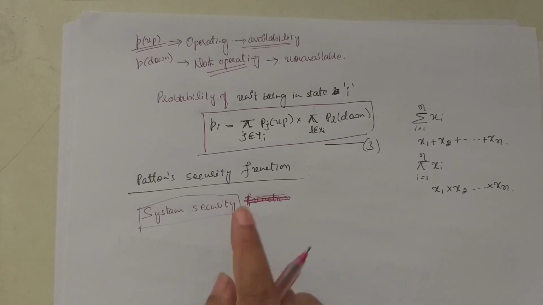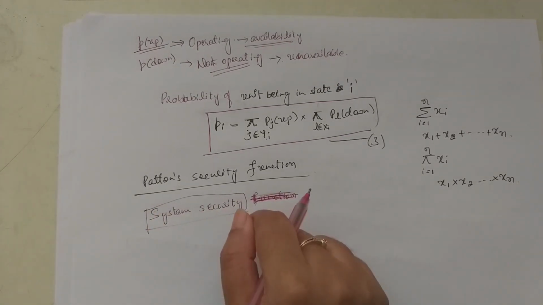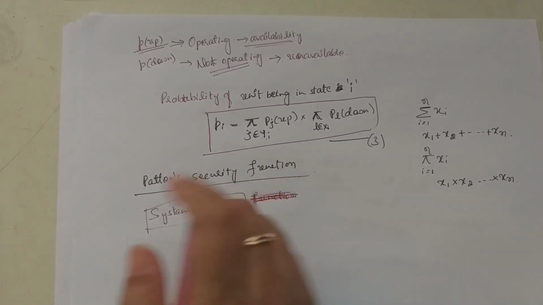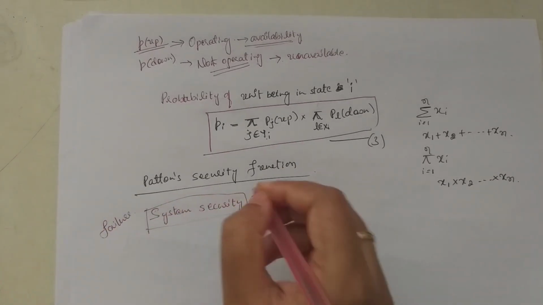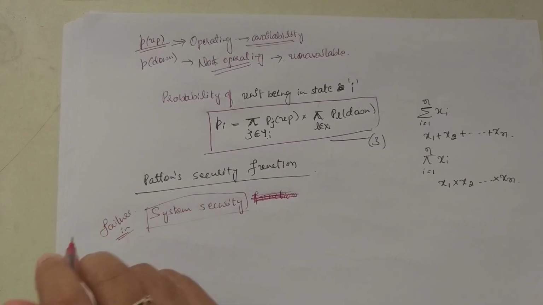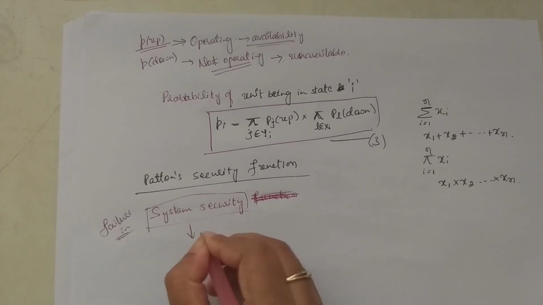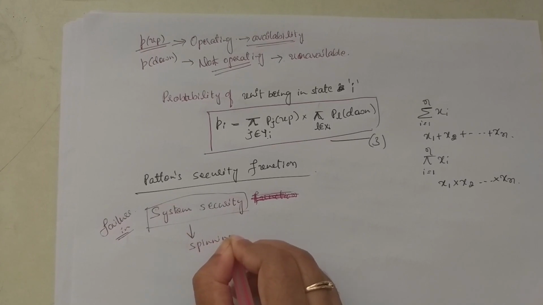If there is a failure in system security, then we need to be careful. Pattern security function decides the failure in the system security, or breach of the system security. By knowing this, the spinning reserve can be decided.